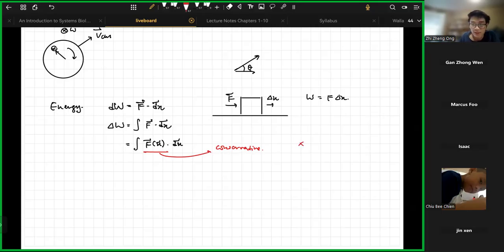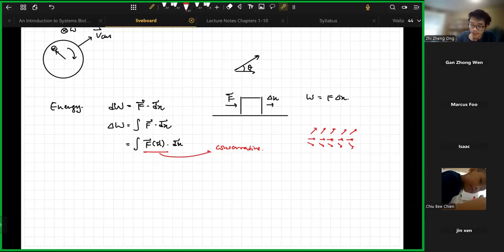Suppose you want to talk about forces at every point on the grid. There can be a force here, here, here, and maybe here it's something like this. My point is that the force field doesn't depend on the path you took to get there.